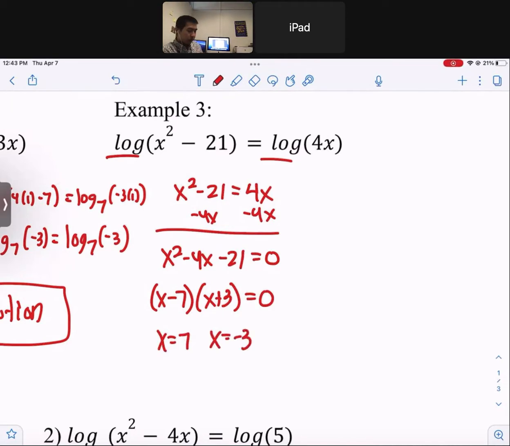If we plug in 7, it will be fine because both will turn out positive. But if you plug in negative 3, 4 times negative 3 would be negative 12, and a log of a negative number is bad. It just takes one to produce an extraneous solution. So that's gone, and our only answer is x equals 7.